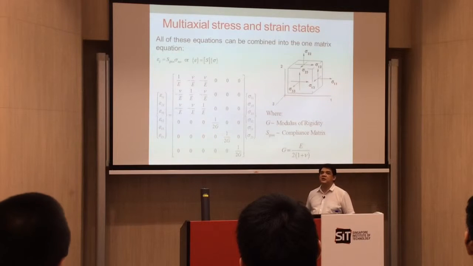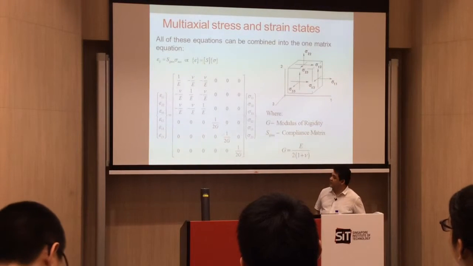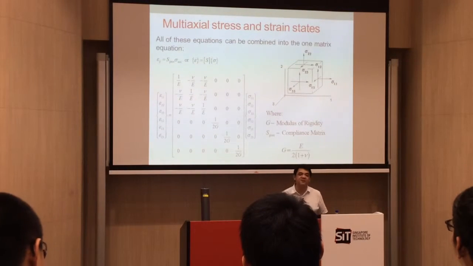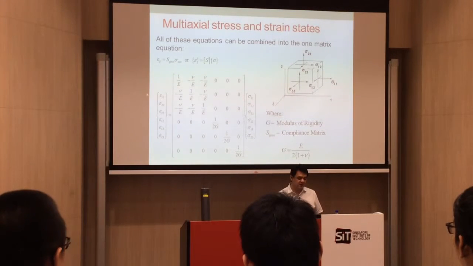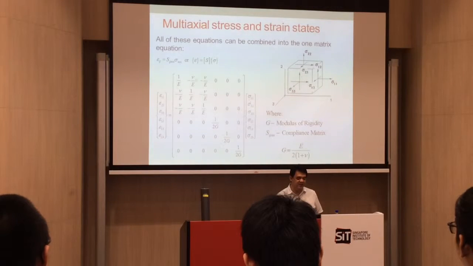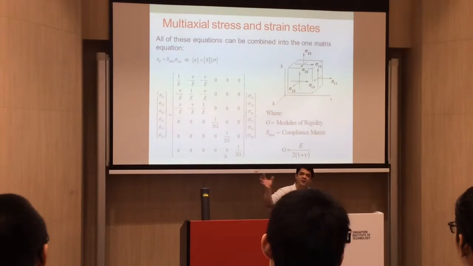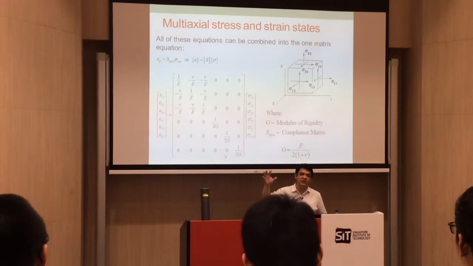Okay. So as you can see, if you're looking at the stiffness matrix, this one is strain, this one is stress, this one is your 6x6 matrix. Once you apply the principle of symmetry, then you reduce that matrix size of 9x9 to 6x6.